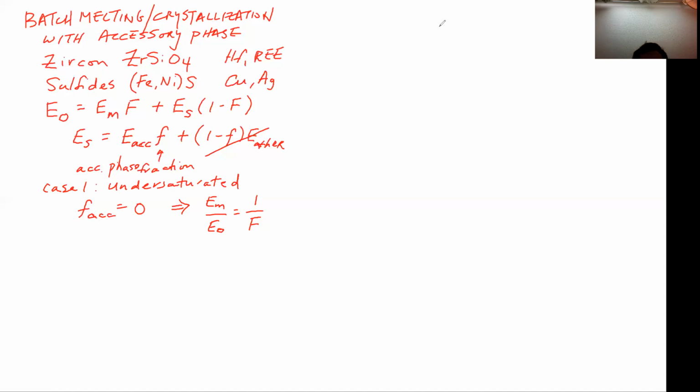This would be the same solution you'd get when you did the batch melting models for a perfectly incompatible element, or D equals 0. So it's very simple. The other case, or end member, would be when you're saturated.